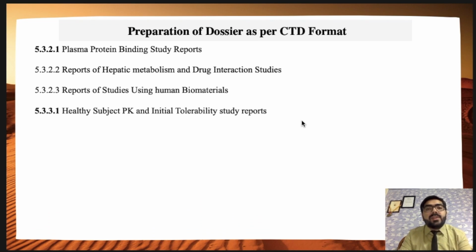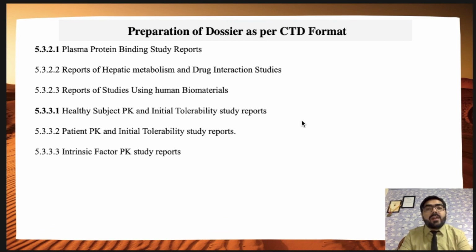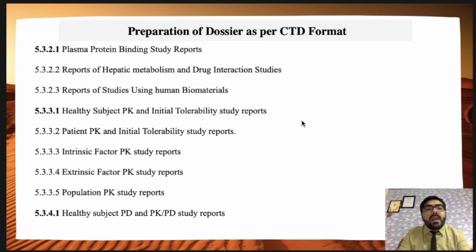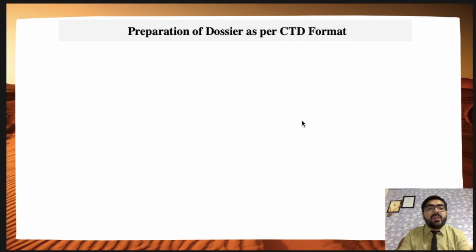Healthy subject pharmacokinetic and initial tolerability study reports are also there, patient pharmacokinetic and initial tolerability study reports, intrinsic factor pharmacokinetic study reports, extrinsic factor pharmacokinetic study reports, okay, population pharmacokinetic study reports, healthy subject pharmacodynamic and pharmacokinetic/pharmacodynamic study reports, PKPD study reports, and patient PD and PKPD study reports, okay.